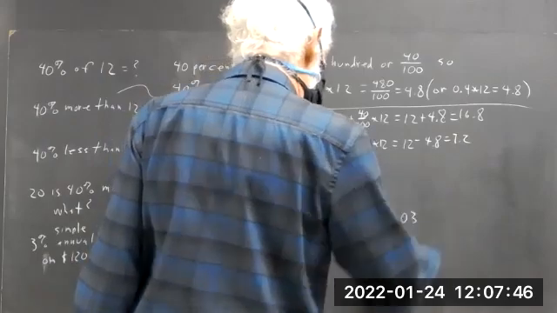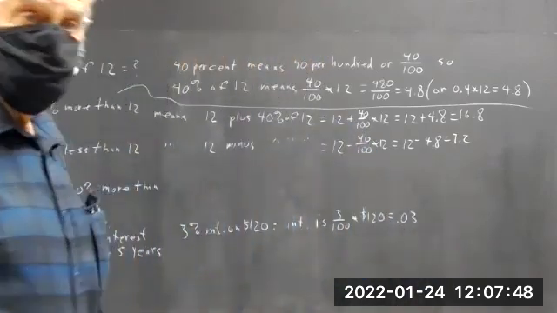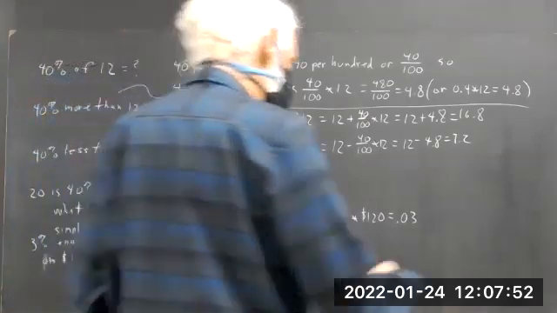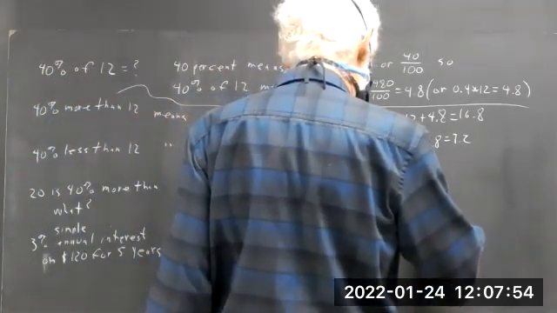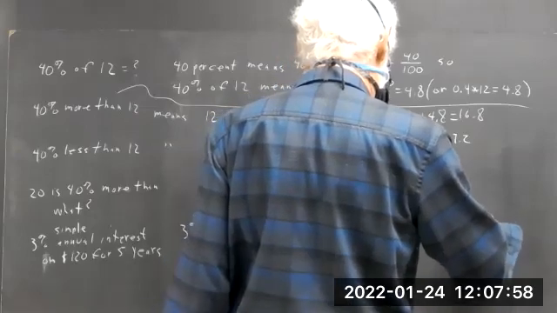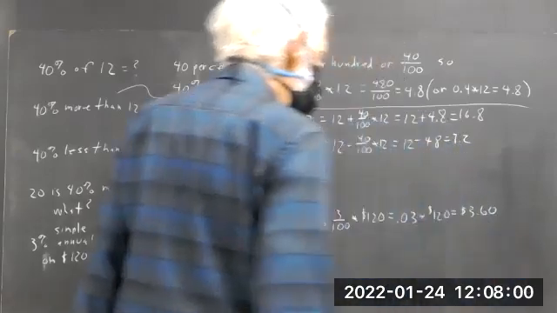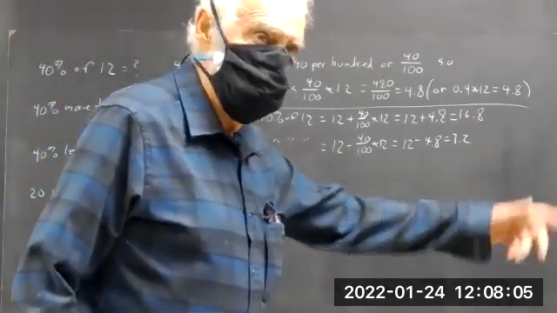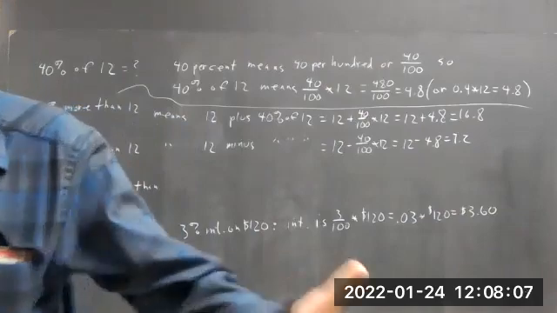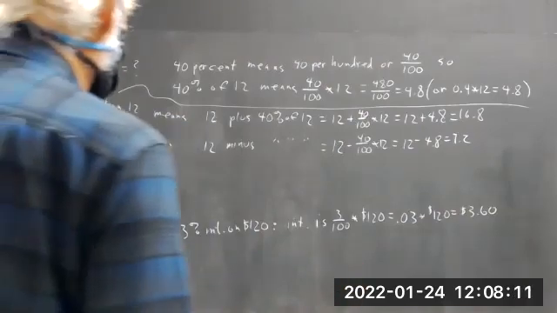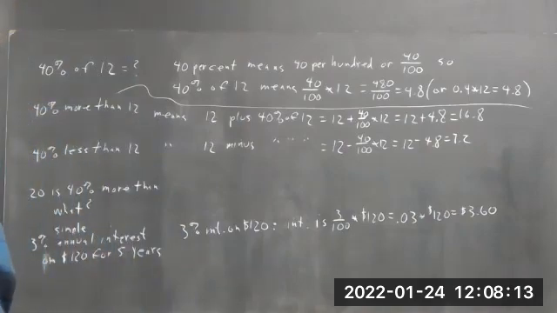Or, usually we will write percents as decimals. 3 divided by 100 is 0.03. Times 120 is 3.6. Since we usually write this in cents, it's $3.60, okay? 3.6 is fine. If you use 3.6, it's not a problem at all.